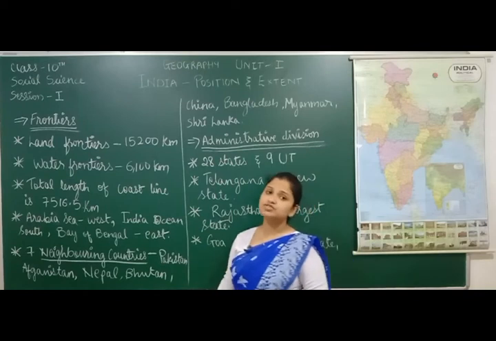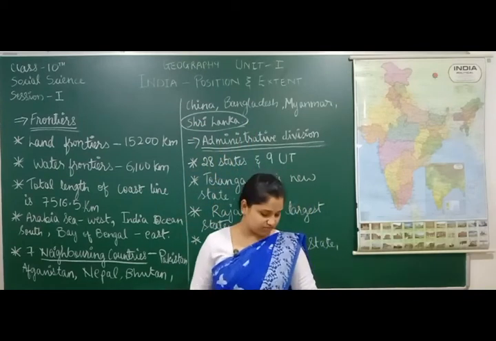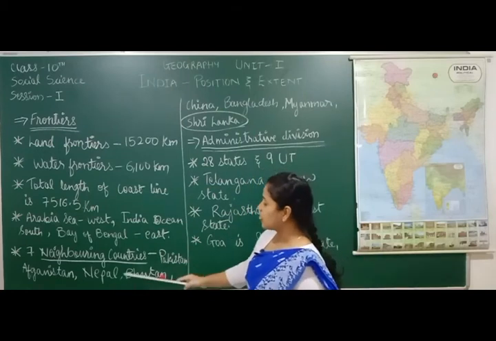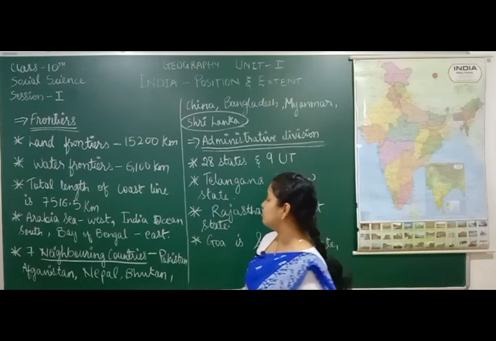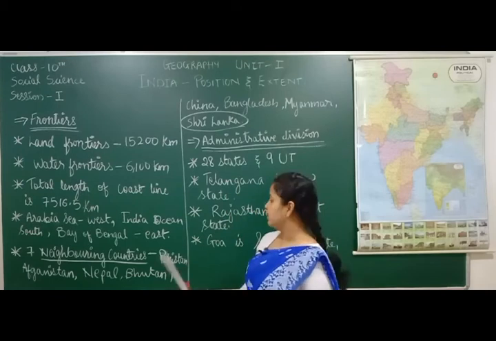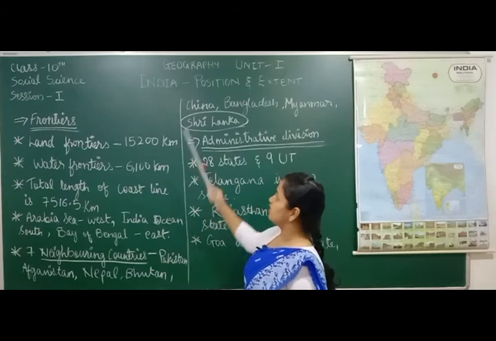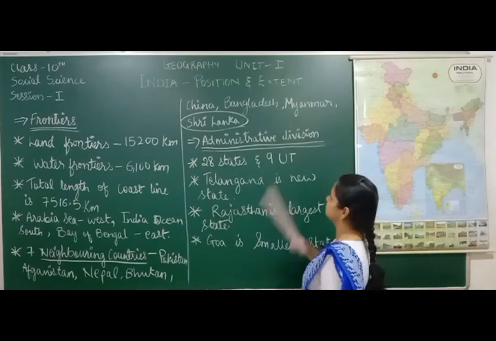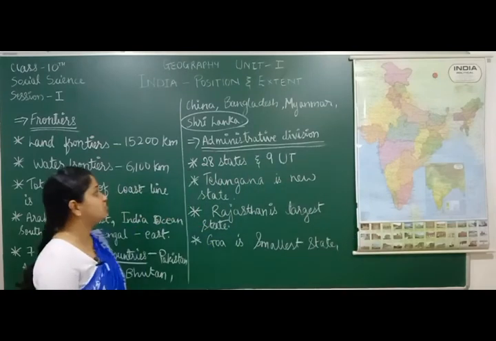It is an exceptional case, because we are not going to include it in the 7 neighboring countries of our country. The 7 neighboring countries are Pakistan, Afghanistan, Nepal, Bhutan, China, Bangladesh, and Myanmar. Also, let's talk next about the administrative divisions of our country.